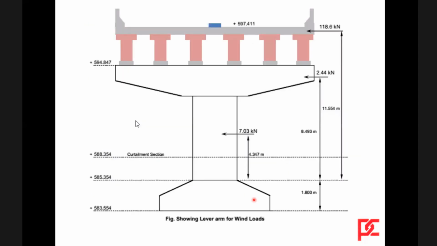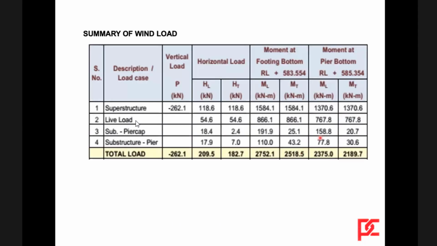These are the wind lateral loads on the superstructure, on the cap and on the pier. They are all taken with their respective lever arms. An uplift load due to wind is also considered, and due to the horizontal loads, the longitudinal and transverse moments are calculated.